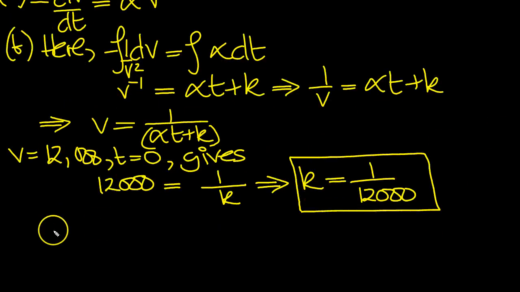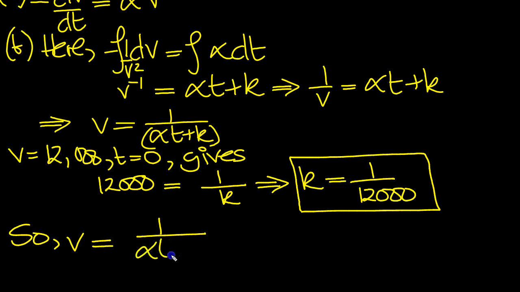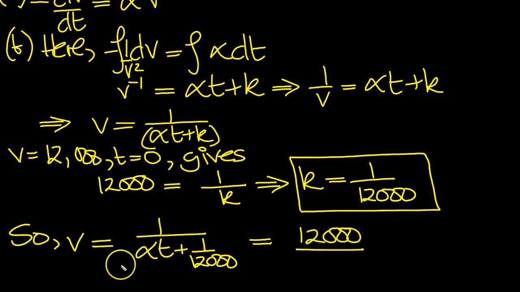So let's put that in then. v is equal to then 1 over alpha t plus 1 over 12,000, which equals, now I'm going to times by 12,000 top and bottom. So on the top I can write the 12,000 which I want, and times by 12,000 on the bottom will give the plus 1, but it will be 12,000 alpha t plus 1, isn't it?